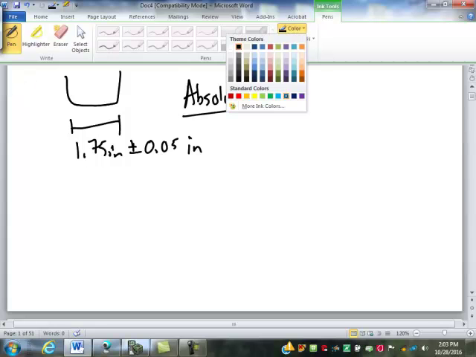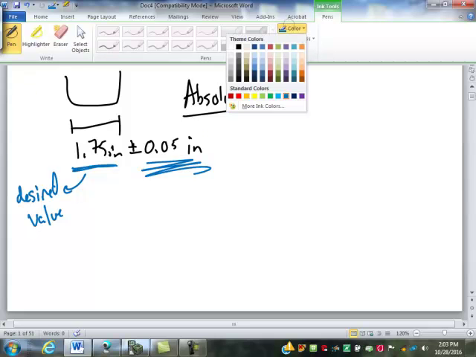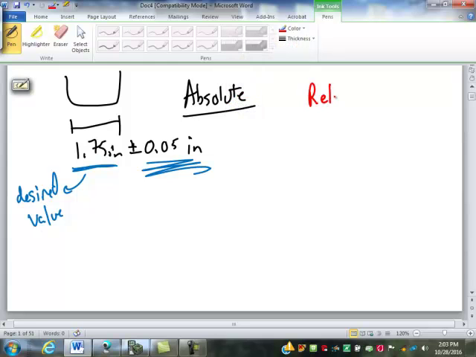No matter how big this measurement is, that desired value, our allowance is plus or minus 0.05 of an inch, period. We can convert that into a relative allowance.